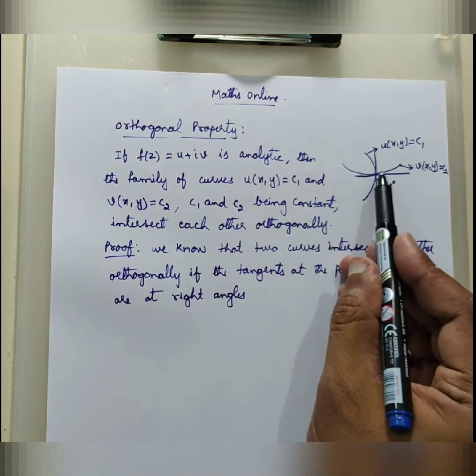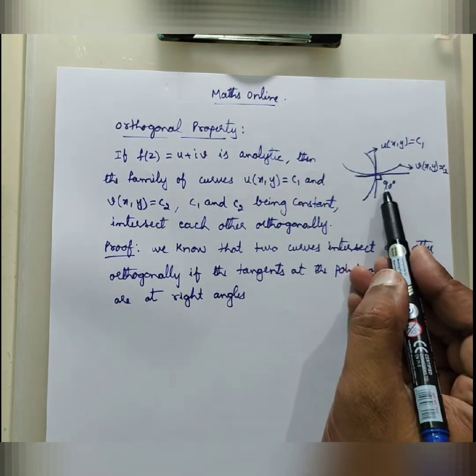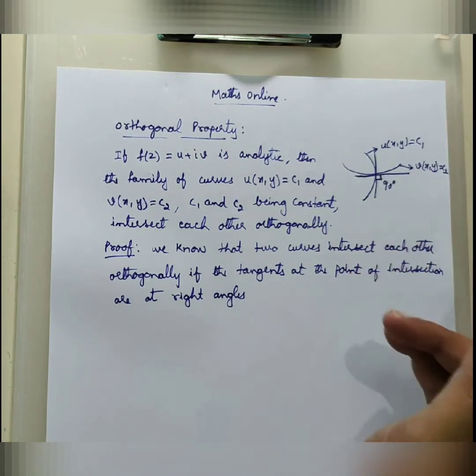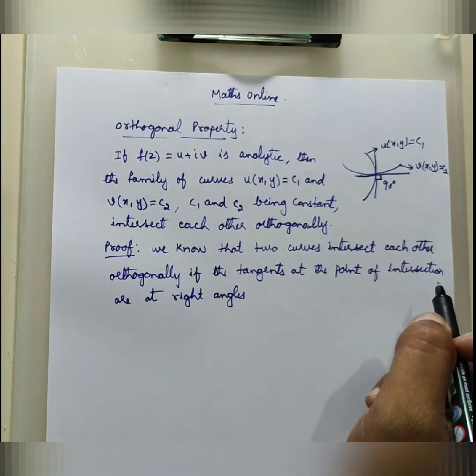So if the tangents are intersecting at 90 degrees, then the two curves are said to be orthogonal.